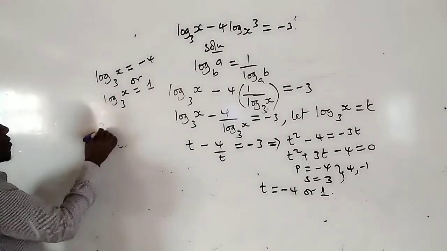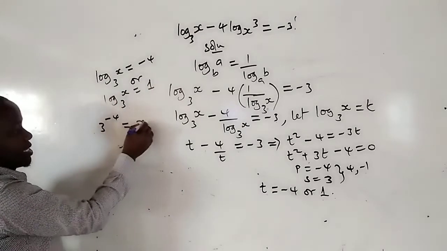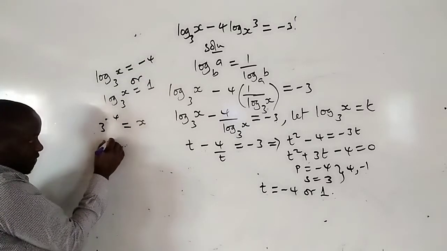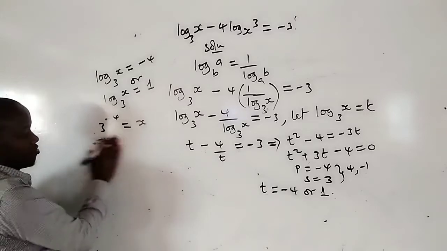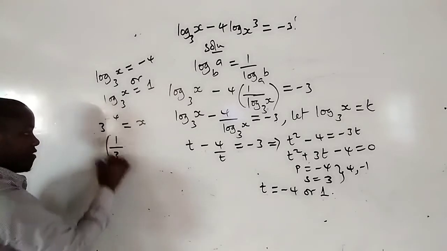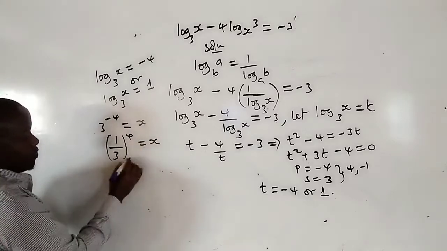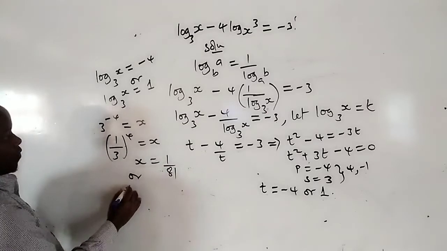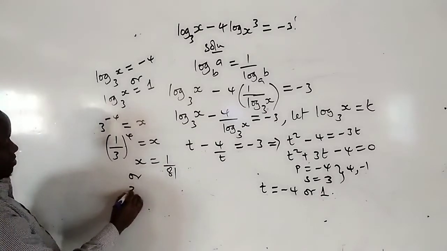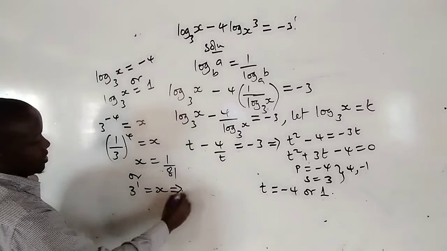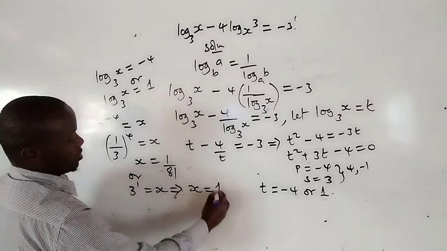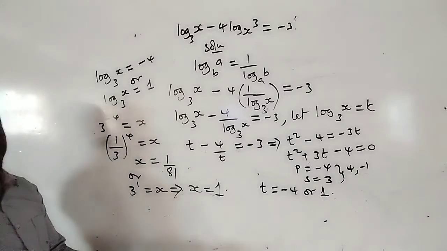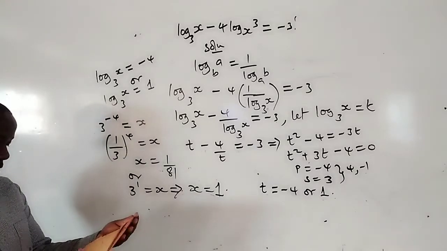So we say 3 power negative 4 is equal to x when expressed in index notation, meaning that 1 all over 3 raised to power 4 is x. So x is 1 over 81. Or again, 3 raised to 1 is x, which means that x is 1. So x can take either 1 over 81 or 1. Those two values belong to x.